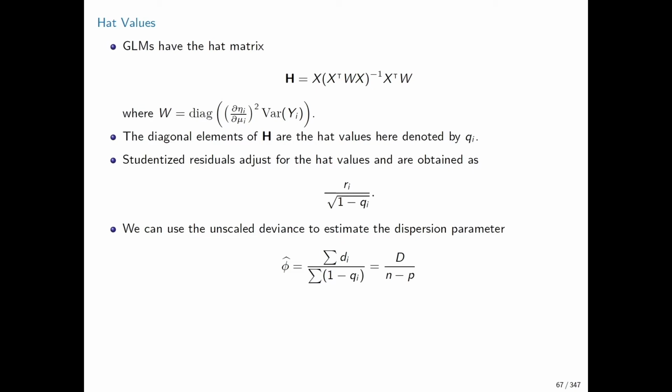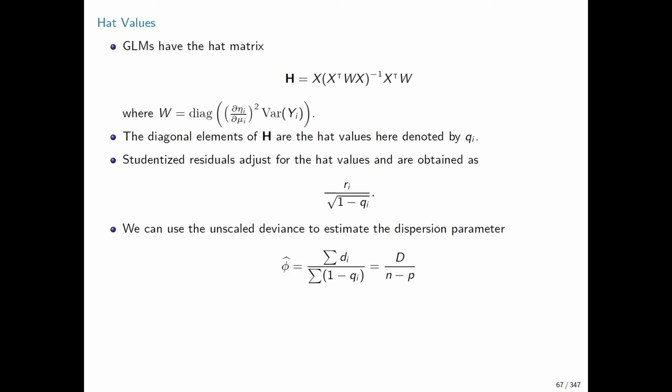Regarding the hat values, generalized linear models have the hat matrix, which is H equals X (X transpose W X) to the power minus 1 X transpose W, where W is the diagonal of (derivative of mu i with respect to eta i) squared over the variance of Yi.